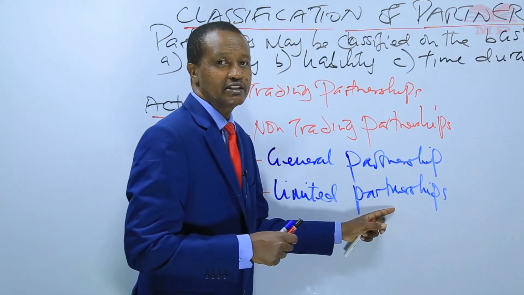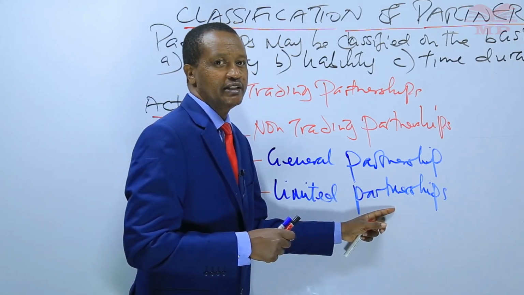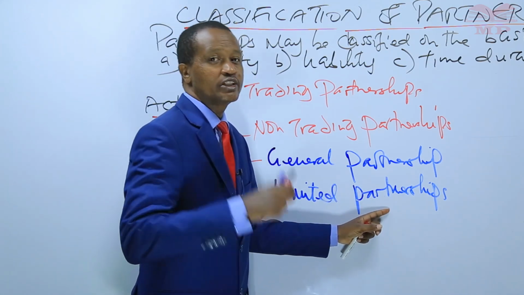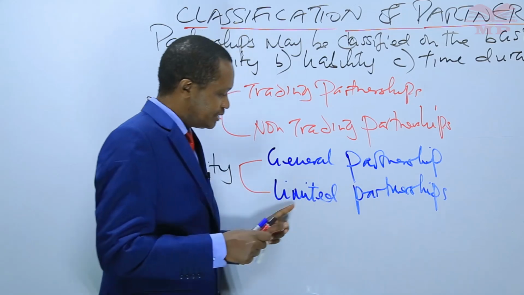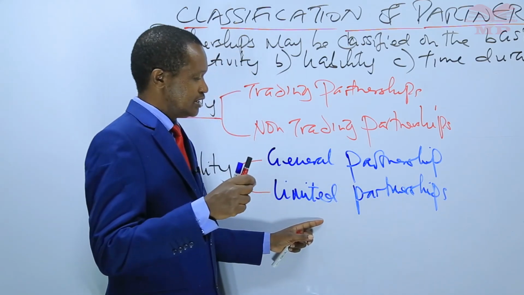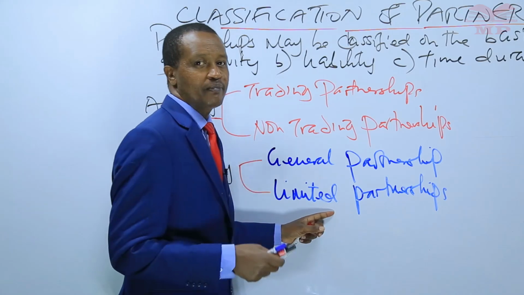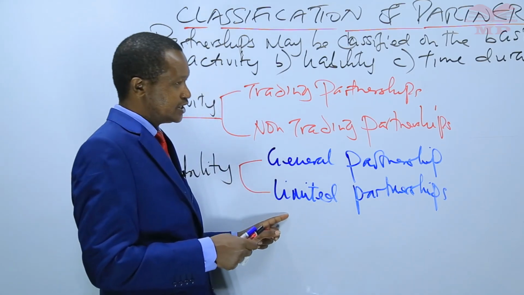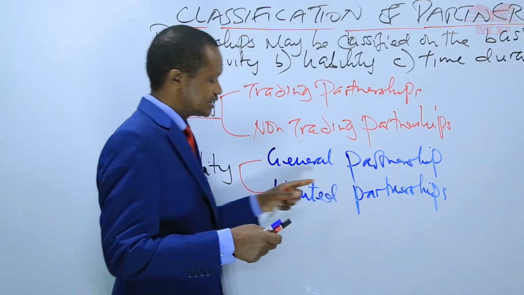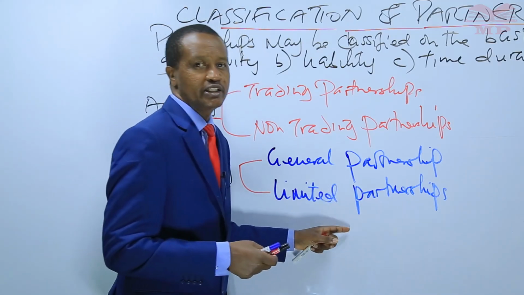But under limited partnerships, that is not the case. There are some partners whose liability is limited to certain amounts that they have contributed to the firm, equivalent to the amounts that each of these partners has contributed.